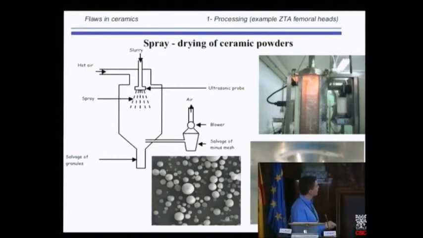So here are some granules which are obtained via spray drying. So in practice, you have the slurry, and you spray this slurry in a hot atmosphere, and then you obtain granules, agglomerates, which are spherical.